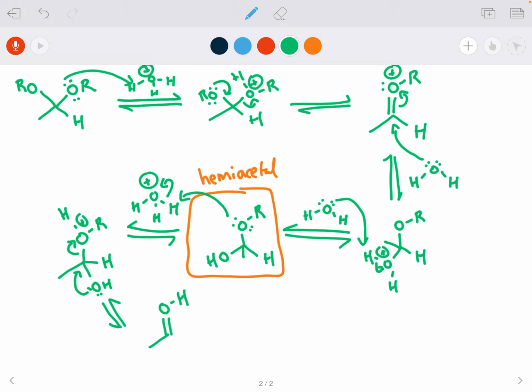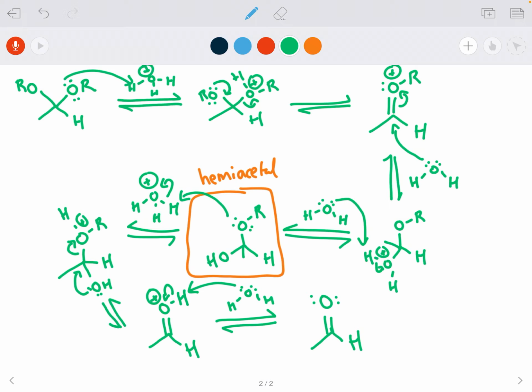So we're left now with almost our final product. We just have to deprotonate this to get back to the aldehyde. So we deprotonate, as we've been doing for this whole mechanism, with water, and we end up with our final aldehyde product.